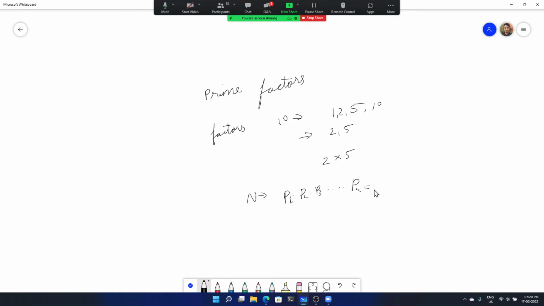Basically, the product of pi, where i goes from 1 to small n, is equal to capital N, where N is my number. This is the prime factorization of a number. There will be situations where you have to prime factorize a number. So which is the easier way of doing prime factorization? Yeah, dividing the number using prime numbers. That is the easier way.